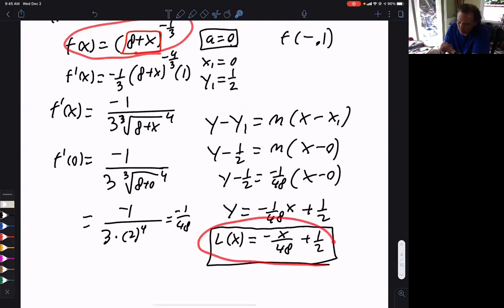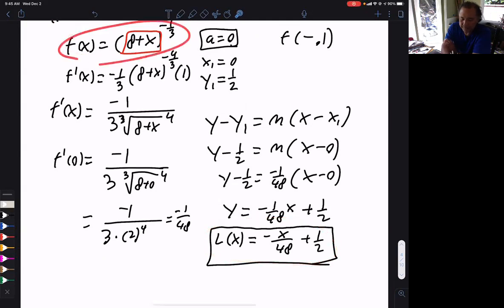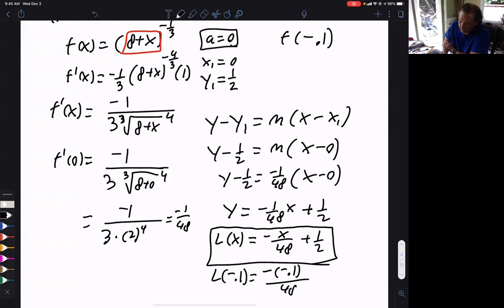And this will approximate f. So to approximate at negative 0.1, like it asked for, we want L at negative 0.1, which is the opposite of negative 0.1 over 48 plus 1/2.